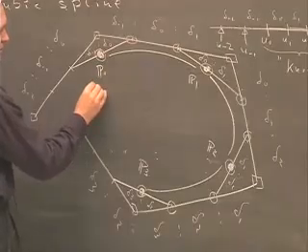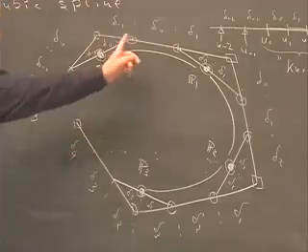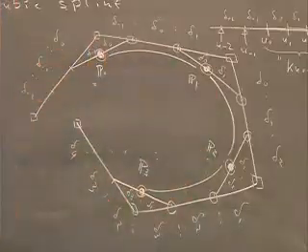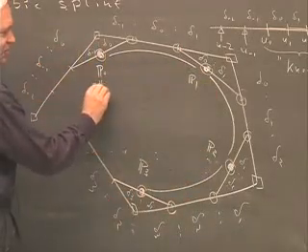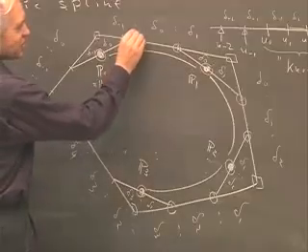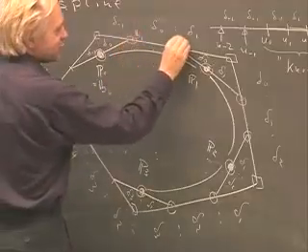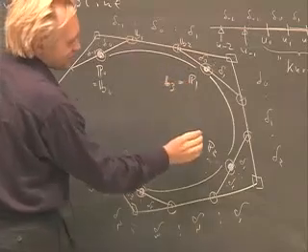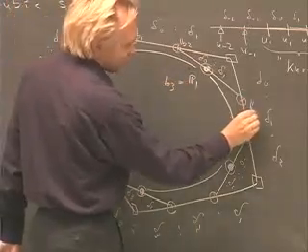I stay away from the variable n and make it concrete with actual numbers. I also count the Bezier points I get. I just start at 0 and go all the way to whatever the highest index is. So this is Bezier point B0, this is B1, this is B2, this is B3, this is B4. I keep on counting.